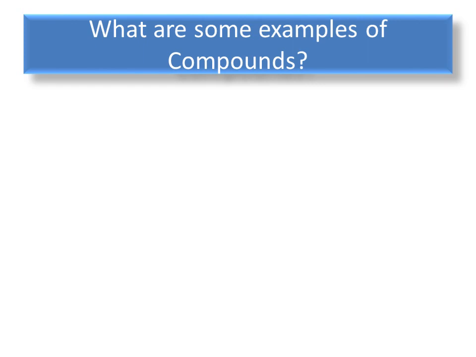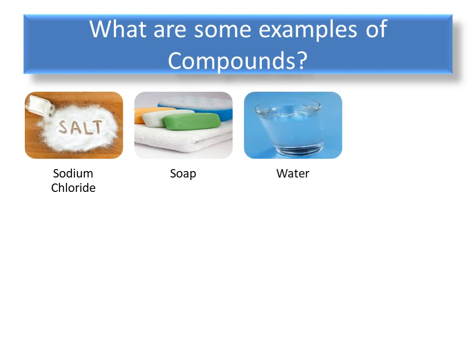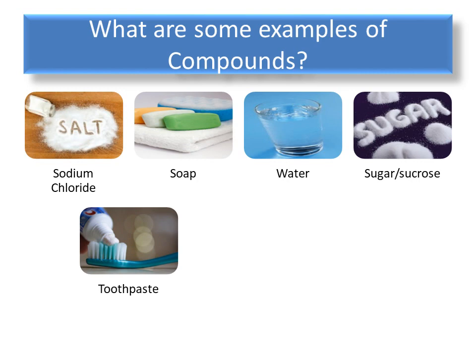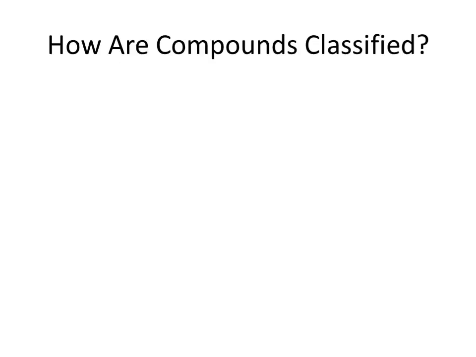What are some examples of compounds? Sodium chloride, soap, water, sugar or sucrose, toothpaste, baking powder, vinegar, and many other examples. How are compounds classified?